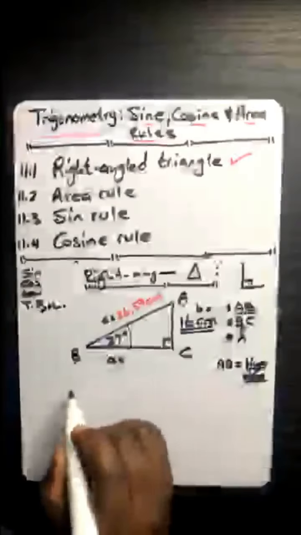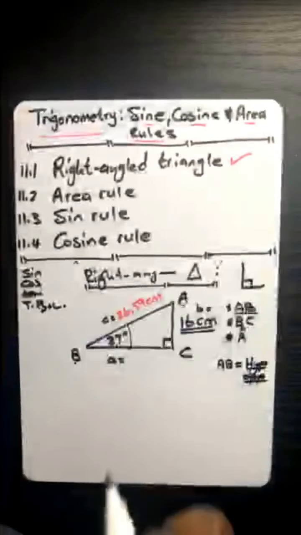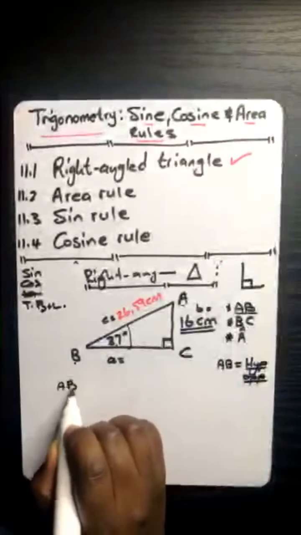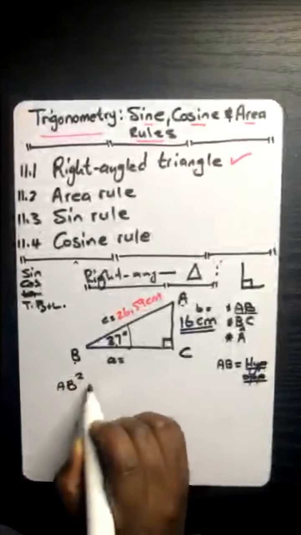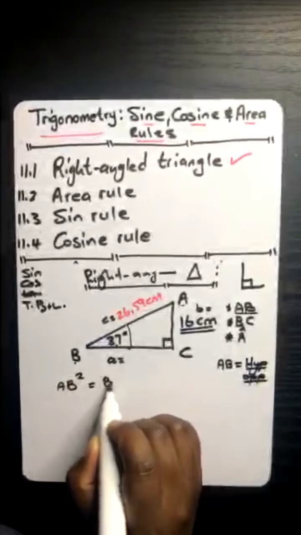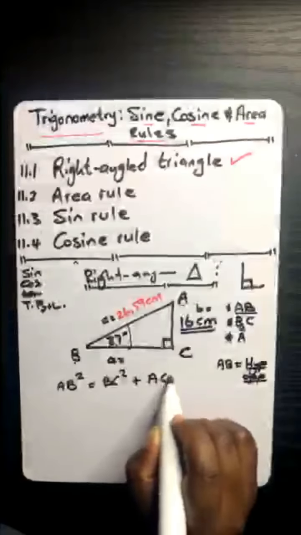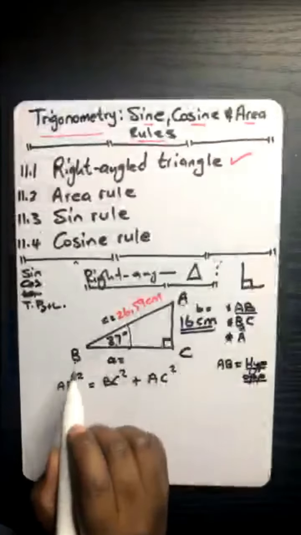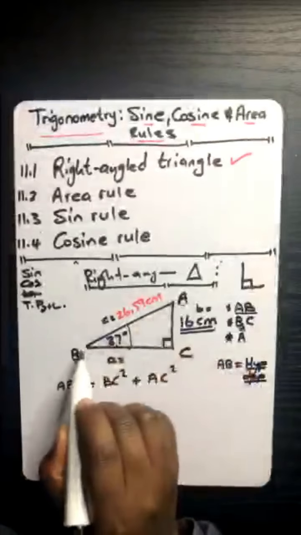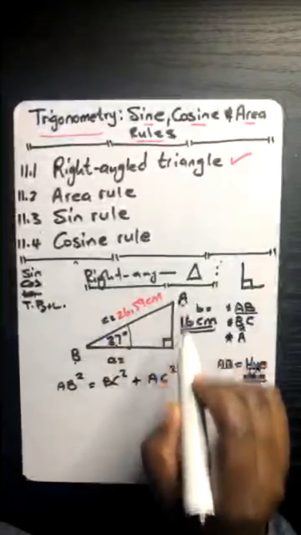So maybe with the Theorem of Pythagoras, if you formulate, it's going to be AB squared is equal to BC squared plus AC squared, meaning hypotenuse is equal to that side plus that side.